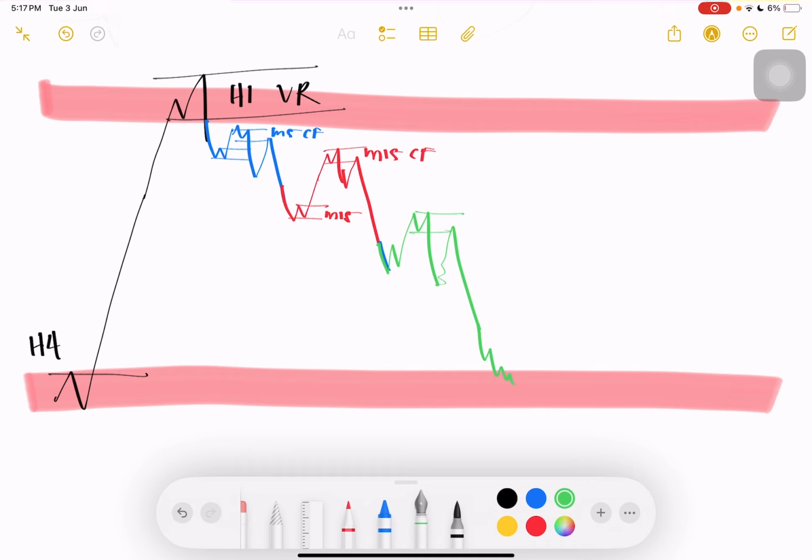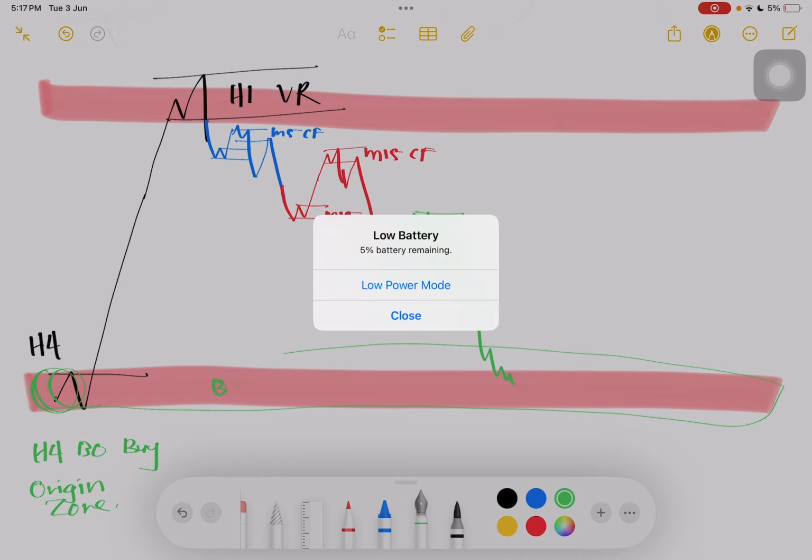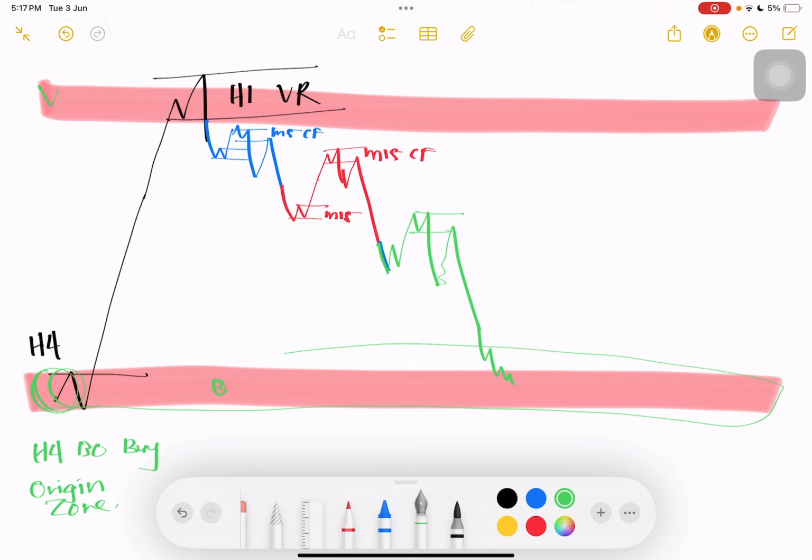Until here. When price is at our barrier or origin, okay, this is H4 BO buy, right? And here, this red one, I call it the origin zone. This is the origin zone, this is the VR zone.